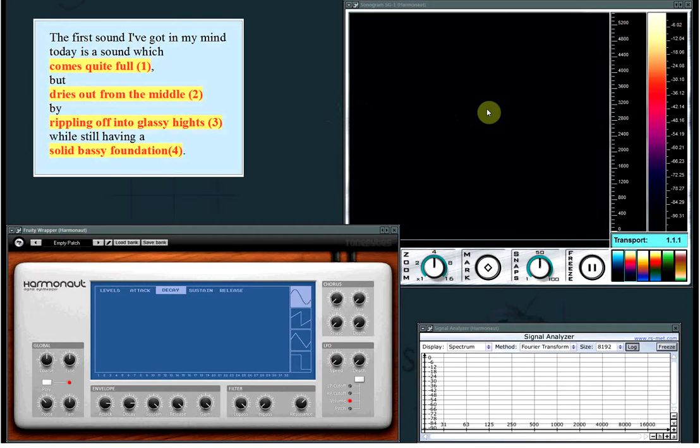Okay, the first condition, comes full, means high level values across the whole spectrum of harmonics. The second and third condition mean rather long attack of the higher frequencies, whereas the decay is quite short there.